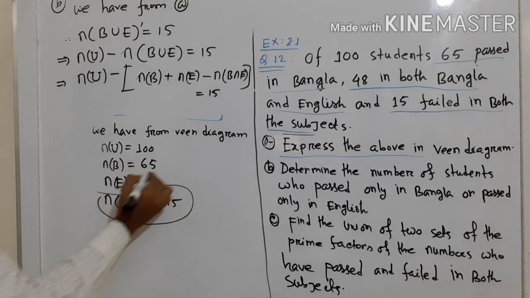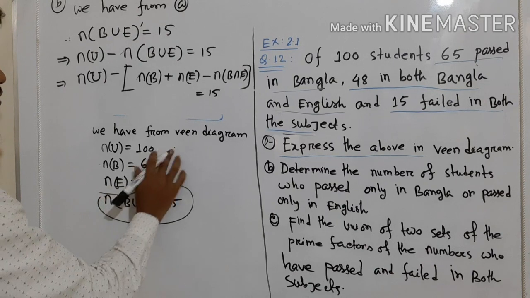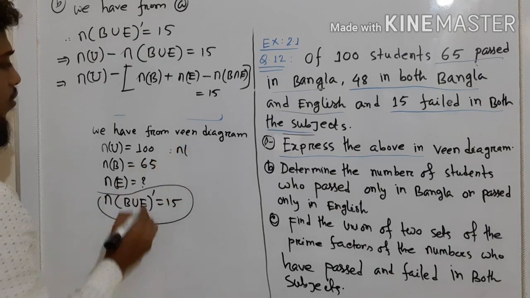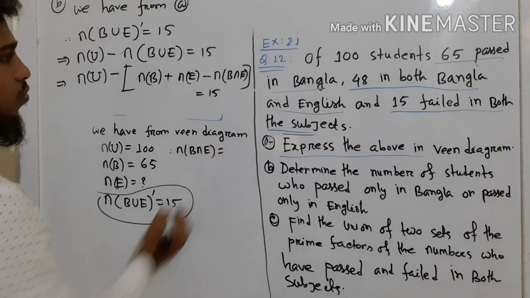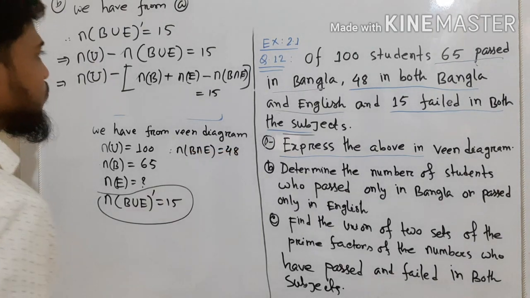So from our Venn diagram, number of B intersection E equal to 48.